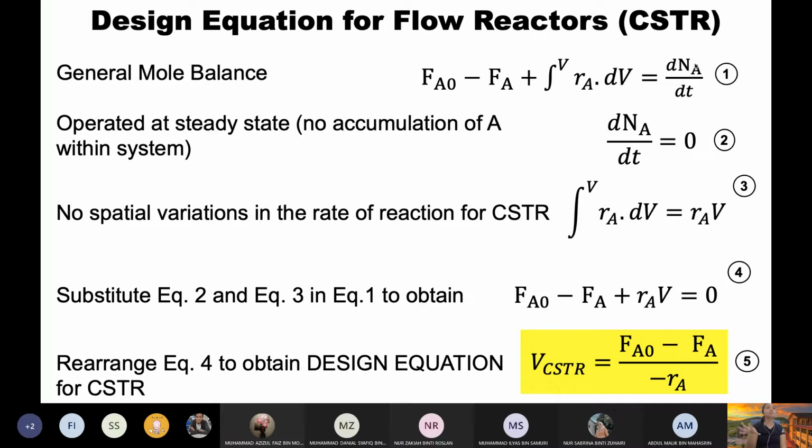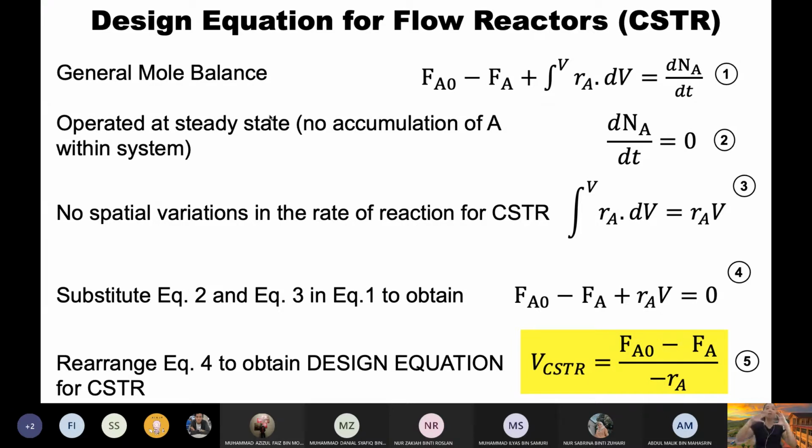The first property of a flow reactor, we are talking about CSTR, continuous stirred tank reactor, is that since it has outflow and inflow, because it's an open system, flow in, flow out, there will be no accumulation of A in the system. A will not be accumulated because after a certain residence time, A will have to flow out.